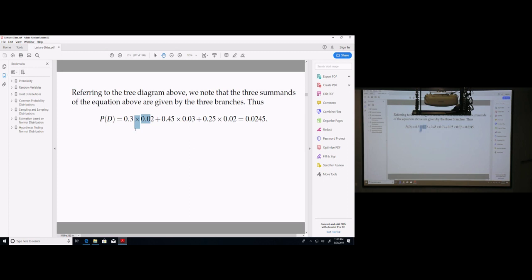But this is what we call a weighted average. It's weighted because different machines make different proportions of the product. Some machines make a little bit more, and some make a little bit less. So this is a weighted average, weighted according to the percentage that each machine contributes to the product.